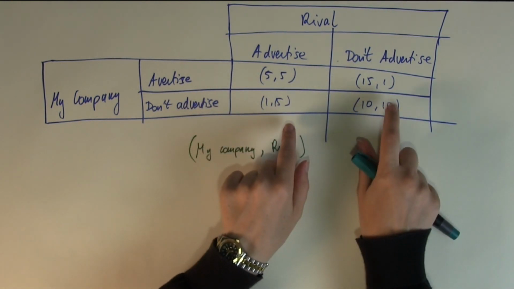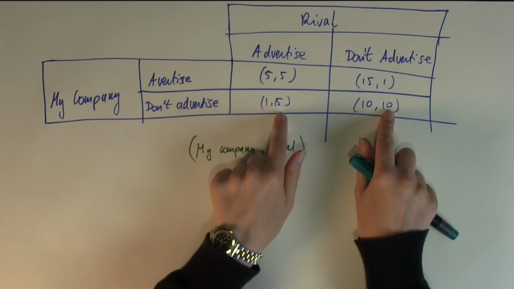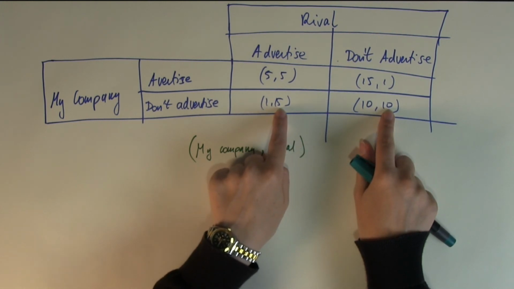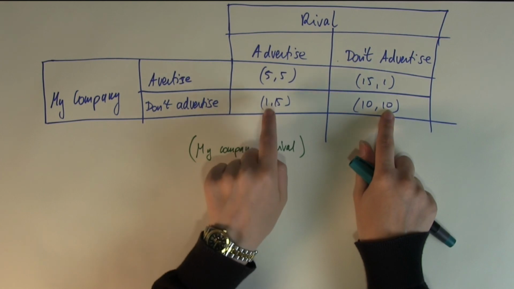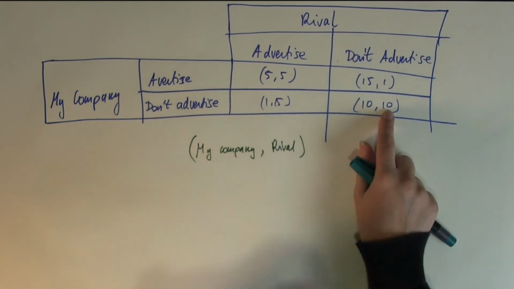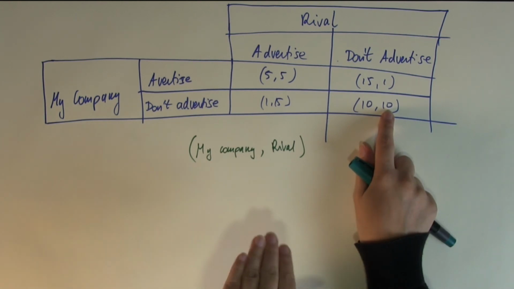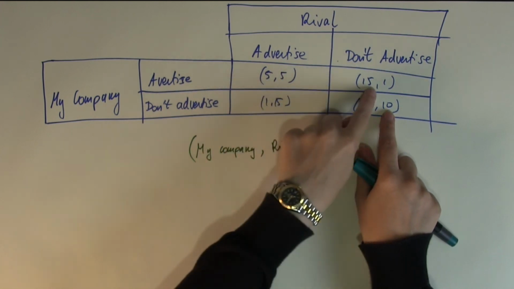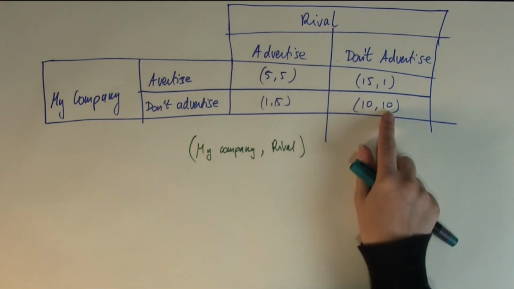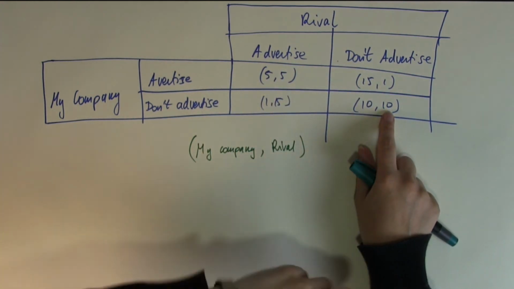Because instead of 10 million, they could earn 15 million. And quite frankly, a 5 million difference is a nice big difference. So they would definitely go for advertising, and I would lose out because I would only earn 1 million. So for me, the best choice would be to go with advertising. And I either earn 5 million or 15 million, depending on how quick my rival is at getting in there and starting advertising.